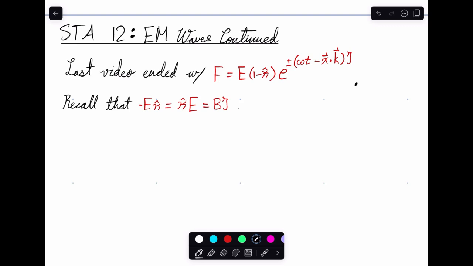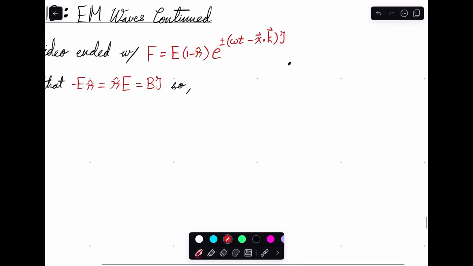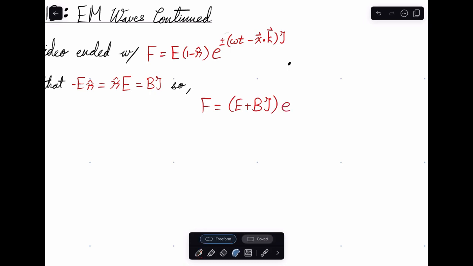Recall that. So we can write F is equal to E plus BI. Then we can have this right here.